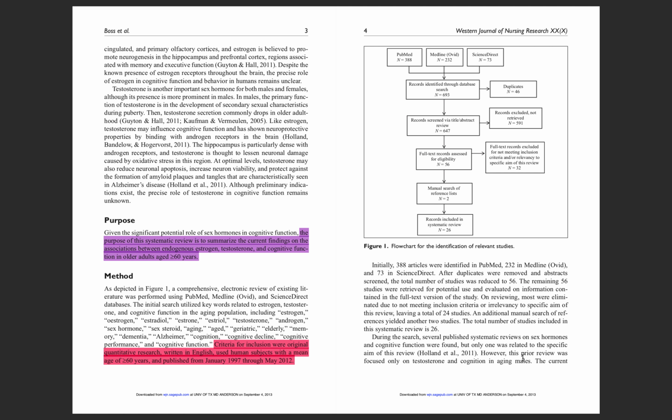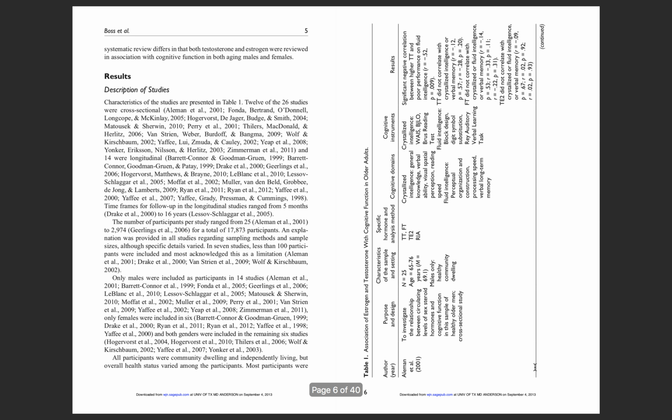So I wrote in here that that review was focused only on testosterone in cognition and aging males. And the current systematic review differs in that testosterone and estrogen were reviewed in association with cognitive function in both males and females. So it justifies why I would do this systematic review.